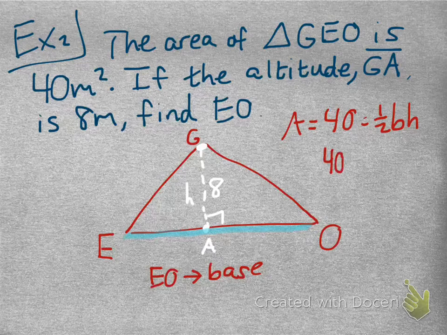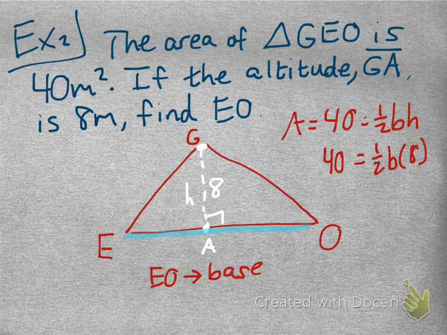So 40 equals 1/2 times the base, which we don't know, times the height, which is 8. I can now multiply the 1/2 and the 8 together; the commutative property says I can multiply those in any order I want. So you have 40 equals 4b, therefore b equals 10. And that would be your answer.